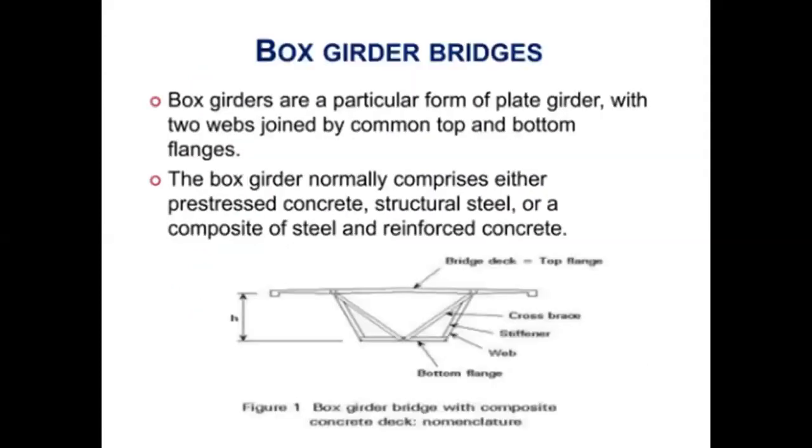A box girder bridge is a particular form of plate girder where we have two webs instead of one web. Usually for plate girders, we have one web. In this case, we have two webs, which are connected to a common bottom flange and top flange. Normally it is either a prestressed concrete or structural steel box girder, and sometimes a composite of both steel and concrete.